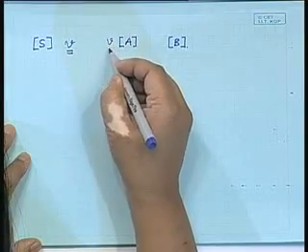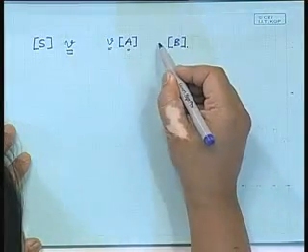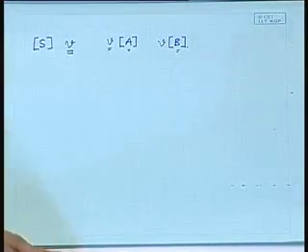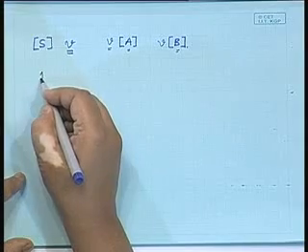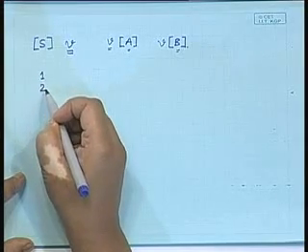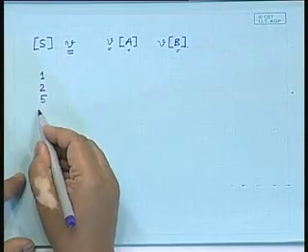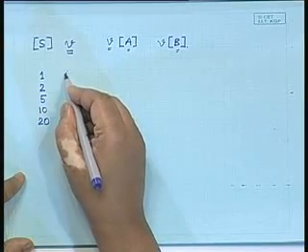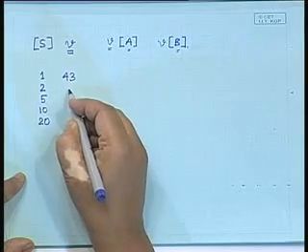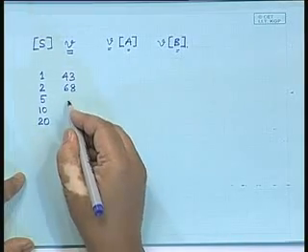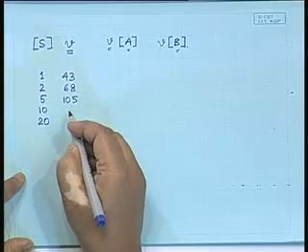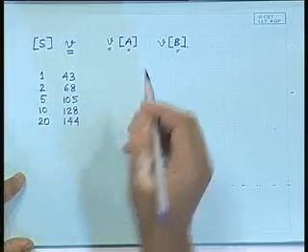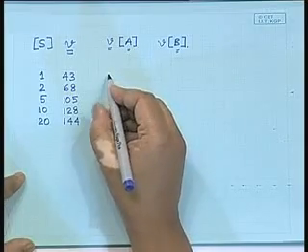I need the velocities in the presence of A and the velocities in the presence of B for the same substrate concentrations. So, say we had the values 1, 2, 5, 10, 20. The velocity for no inhibitor: 43, 68, 105, 128, 144.